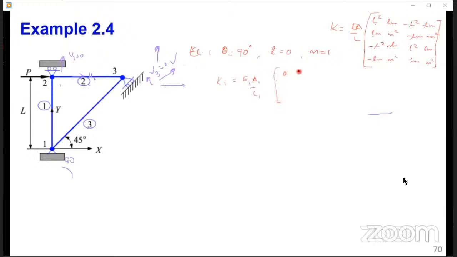This becomes 0, 0. And maybe at this stage, we can even factor in these values of E's and A's. I don't think it's much of a hassle now because you are already given what these are.